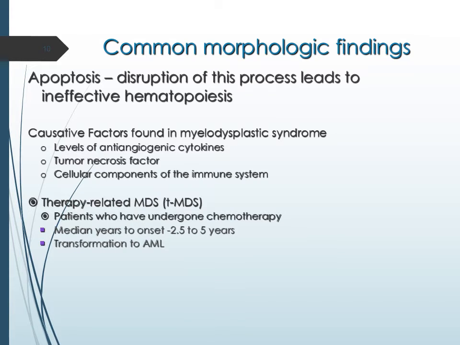We've seen patients that have had therapy in the past, such as chemotherapy or radiotherapy, and they have an onset of therapy-related MDS, which is usually 2.5 to 5.0 years after the therapy was initiated. Important to remember, therapy-related MDS is much more aggressive.